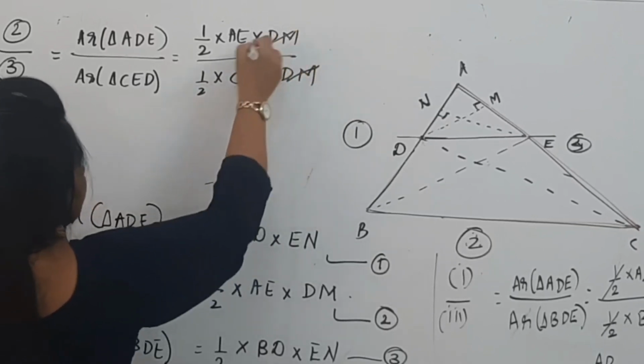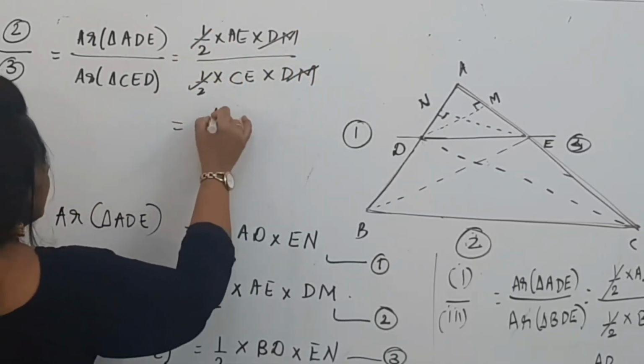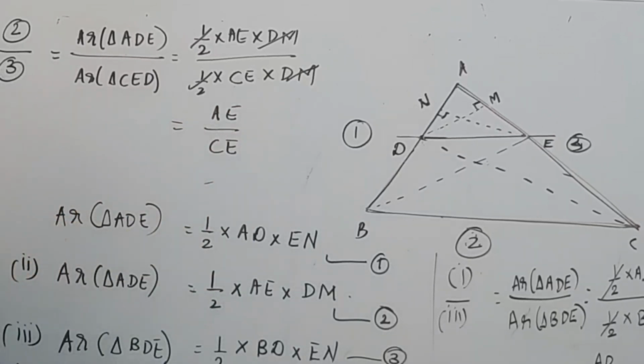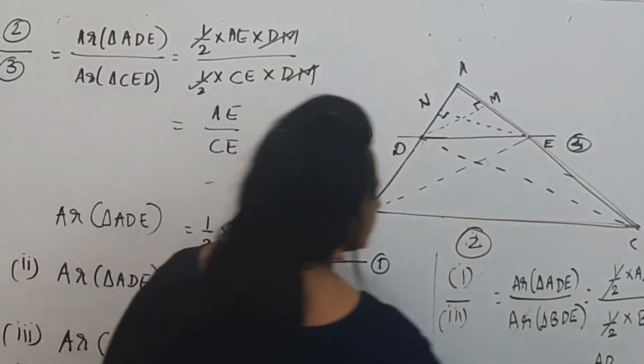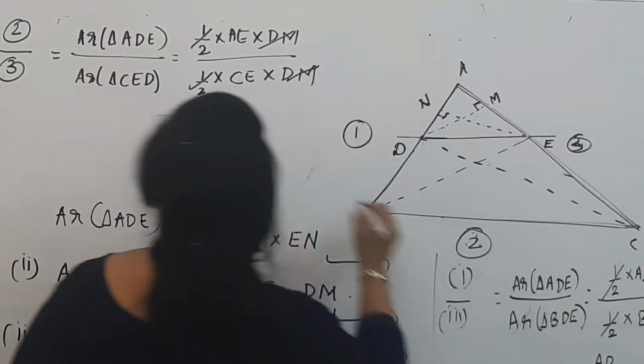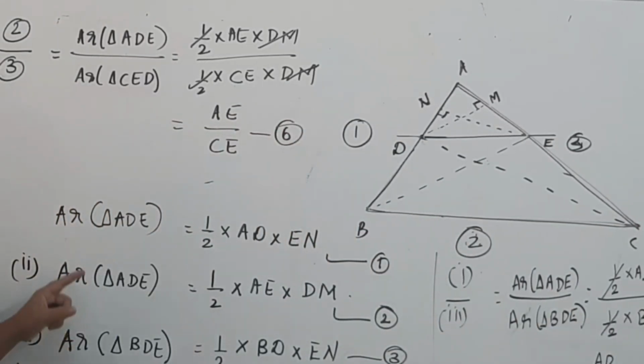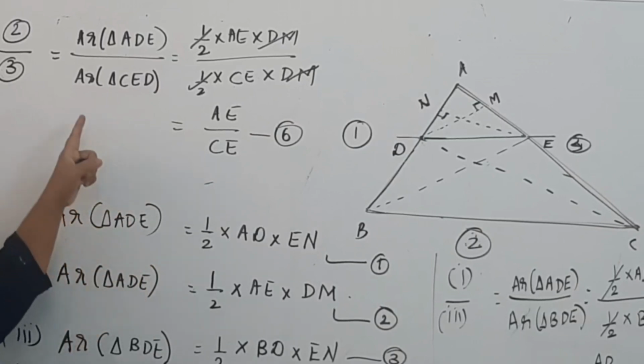This gets cancelled, which is equal to AE by CE. Correct? Now I will name this as 5 and this is 6. So now I got 5 and 6.